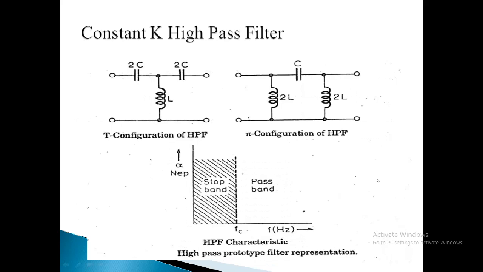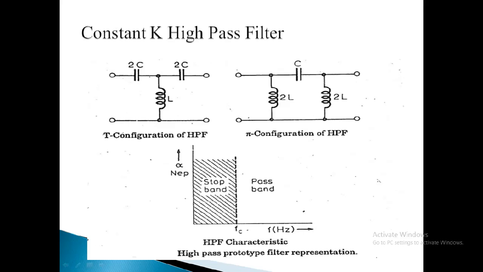Next, high pass filter. The high pass filter is the reverse of the low pass filter. It has shunt arm as inductance and series arm as capacitance. The first figure shows the T configuration of high pass filter and the second figure shows the pi configuration of high pass filter.